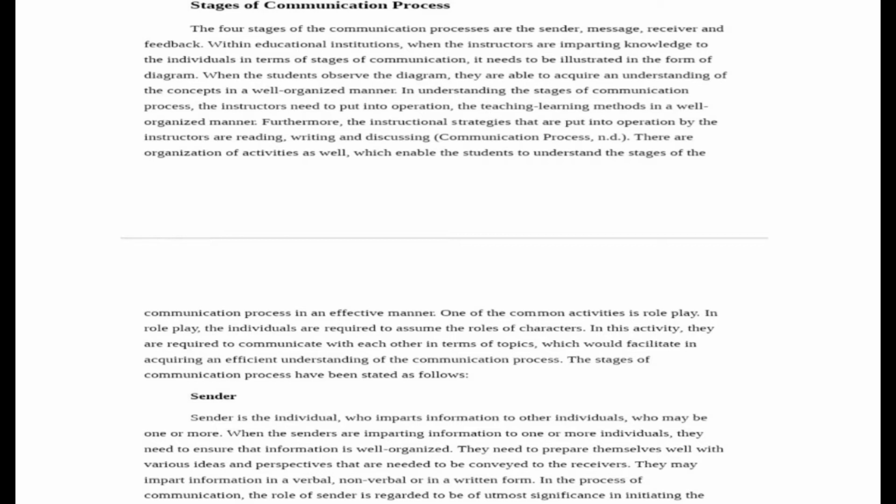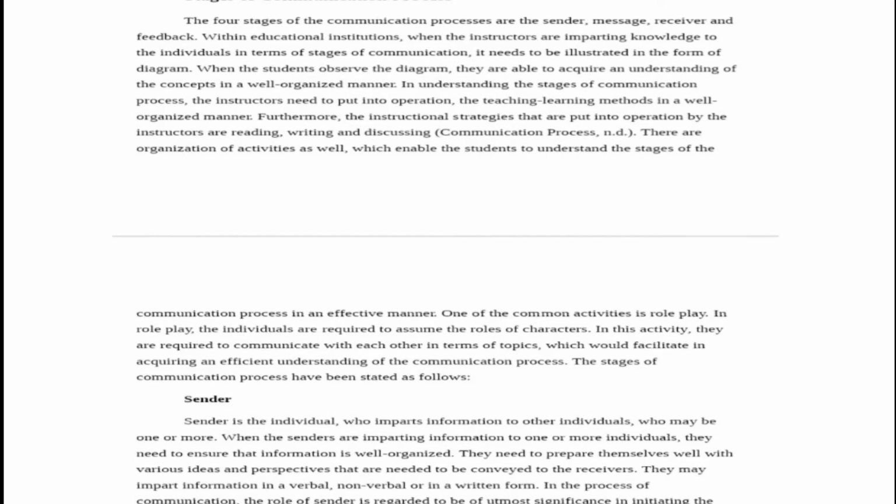In understanding the stages of communication process, the instructors need to put into operation the teaching learning methods in a well organized manner. So, in our previous lecture, I presented a diagram which shows the communication process, which makes the process of communication clear to you.